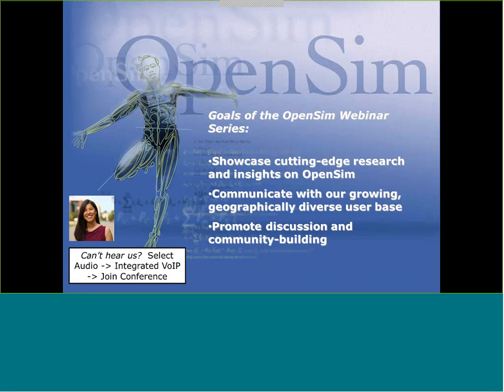So the first goal of our webinar series is to showcase the cutting-edge research that's being performed with OpenSim. OpenSim is also a growing and geographically diverse community of users. And so the second goal of our webinar series is to provide an easy platform for the OpenSim community to communicate and collaborate.